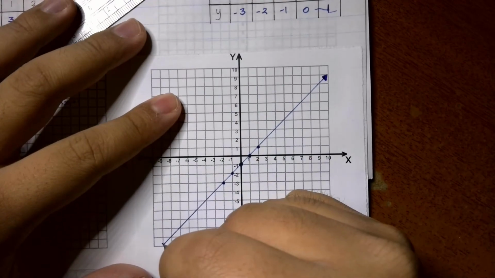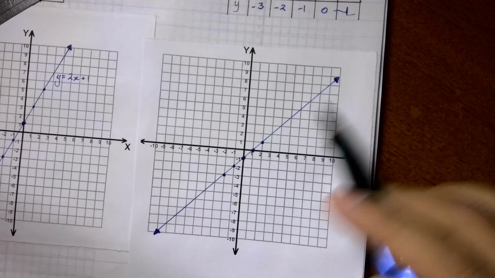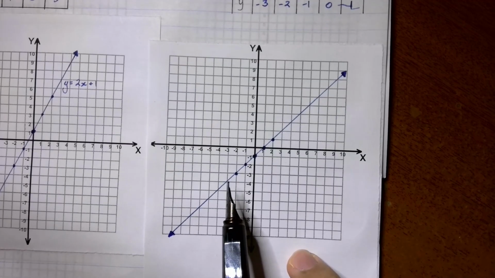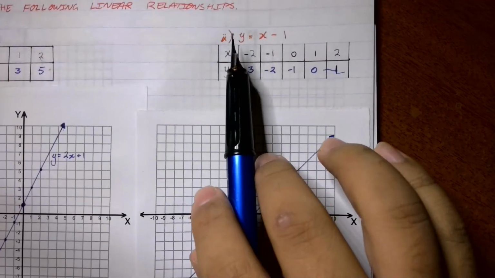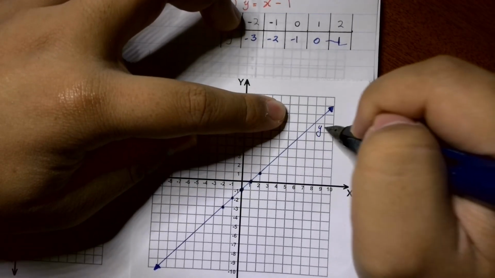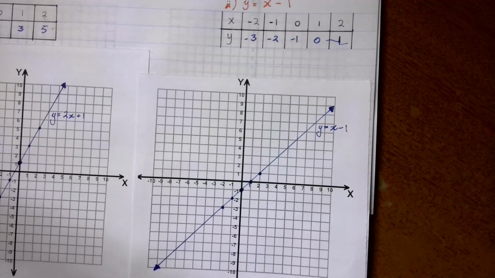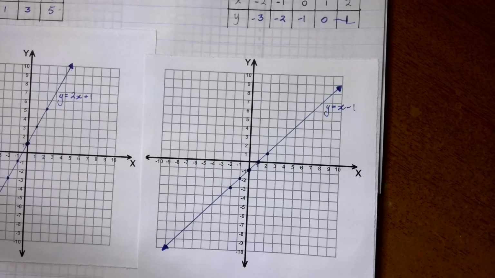There we are. So this line represents the equation y equals x minus 1. So we should just write that in, just so that we can label our line. So that is the line y equals x, take away 1.